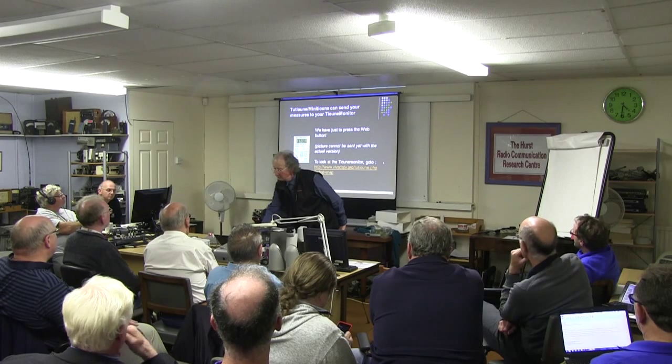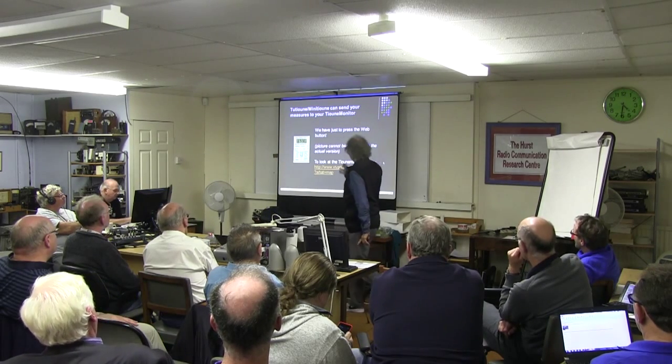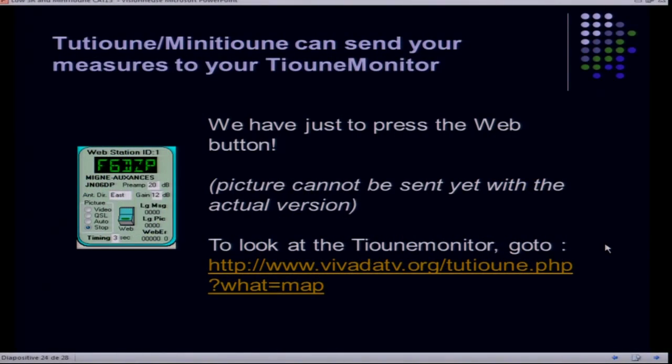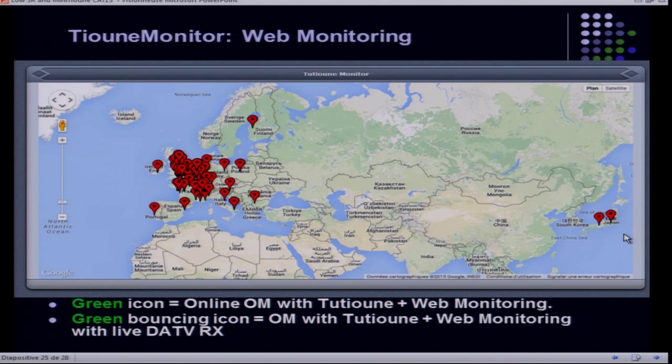So, I have said you can send, using the web button, in real time all what you are receiving, all the measures. You can see on the tune monitor all the stations that are using Tutioune or Minitune, and the stations that have pressed one time the web button.